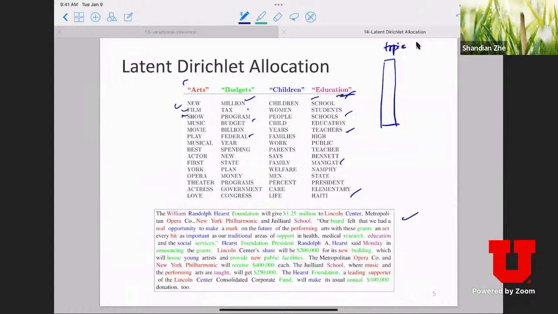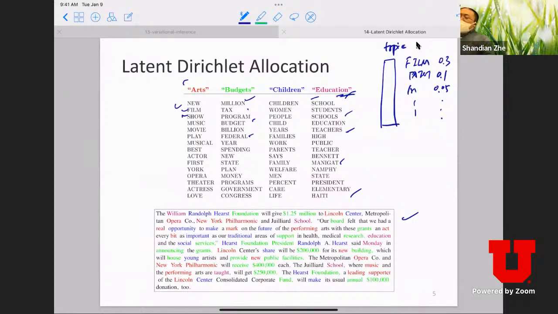If you're talking about arts, then the most frequent words might be film, paint, actor, and so on. So the distribution of words in the vocabulary will be biased toward those frequent words. Maybe the word film will have a probability of 0.3, which is extreme. This might be 0.1, this might be 0.05, and so on. And for those infrequent words, their probability of appearing will be much, much smaller.